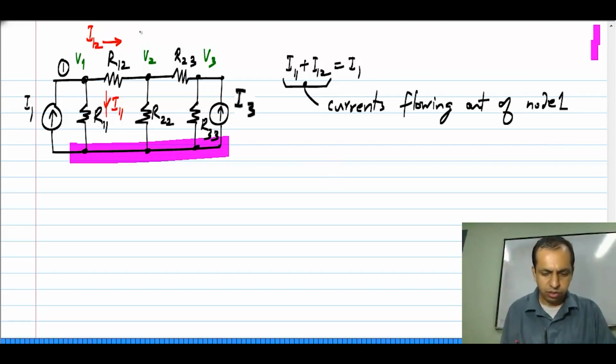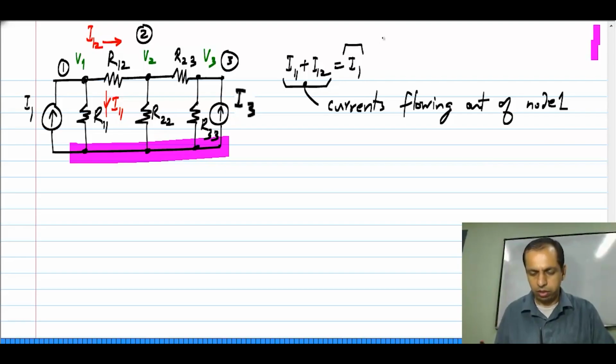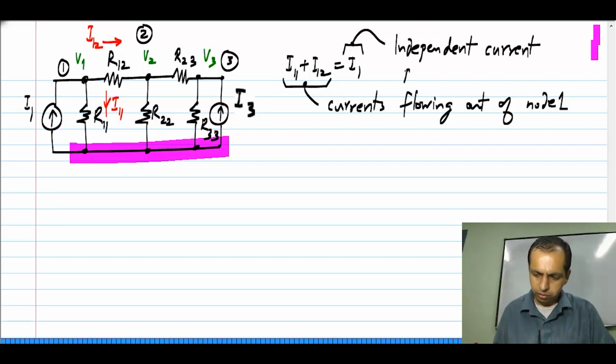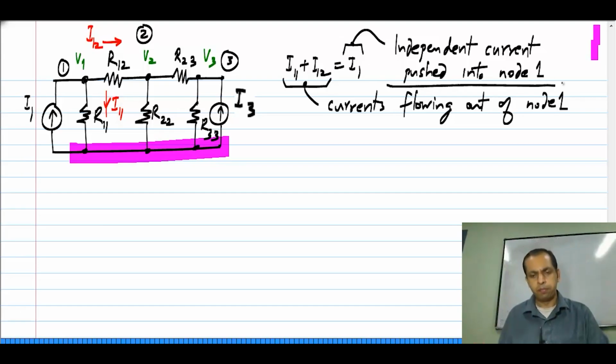This is node 1, this is node 2, this is node 3, and this is the independent current pushed into node 1. Okay.